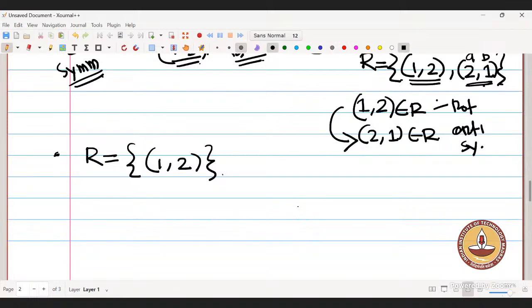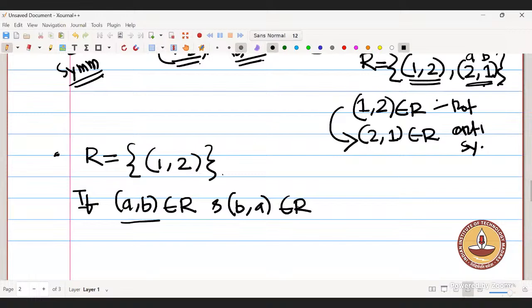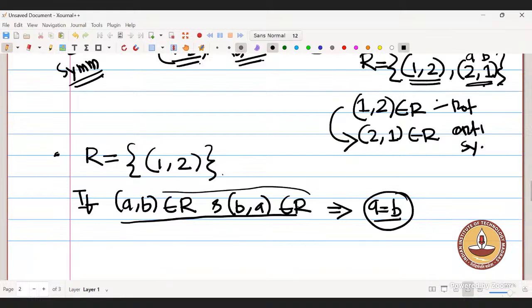No, but when you check anti-symmetry, it says if (a, b) is in R and (b, a) is in R, and both conditions hold, then you need to check whether a equals b. Here the condition doesn't hold: (a, b) is in R, but (b, a) is not in R. So I don't have to check whether a equals b or not. In that case, this is an anti-symmetric relation.